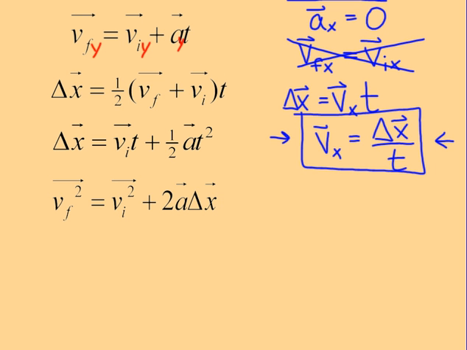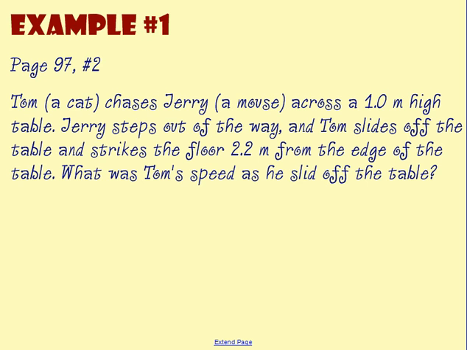For the delta x, or the displacement, we'll say delta y instead of delta x. So we have four equations for the y direction and one equation for the x direction. Next, we'll look at an example problem that will help us understand how to use them.